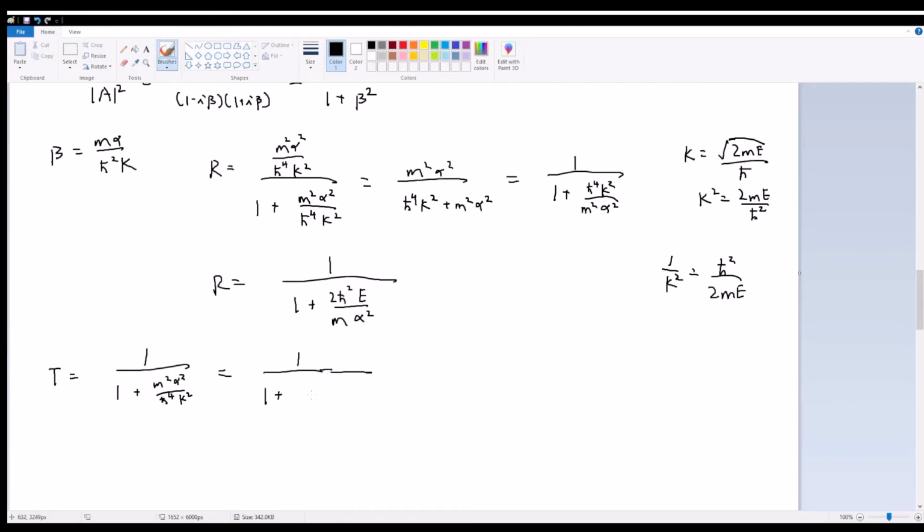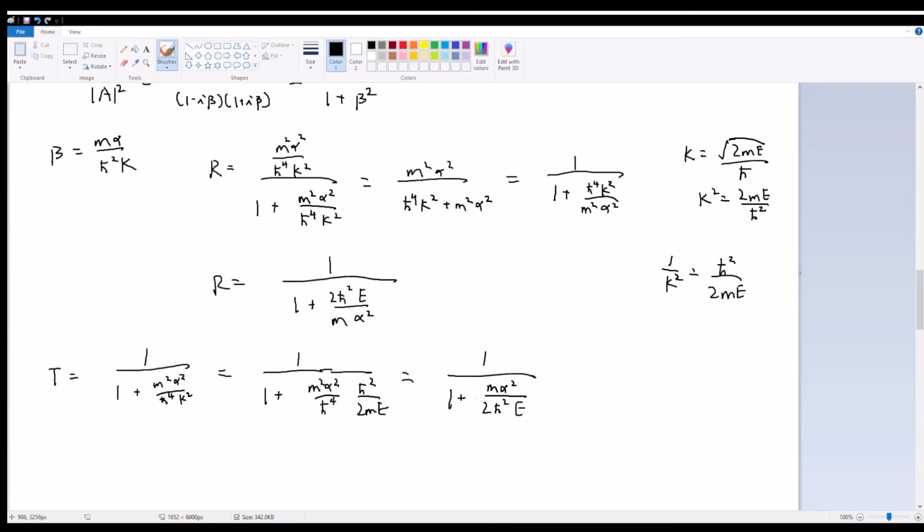This is going to equal m squared alpha squared h bar fourth times h bar squared over 2mE. So this is equal to 1 over 1 plus m alpha squared over 2 h bar squared E.